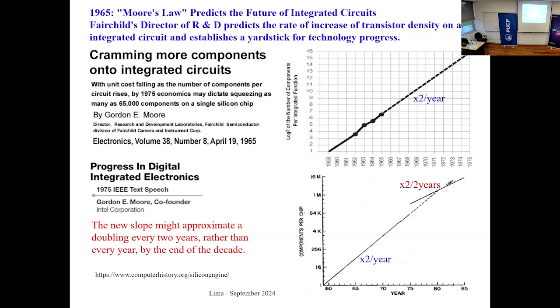But in 1975, he rephrased and said that every 2 years, the components in an integrated circuit will double. This is a very huge increase by an exponential law. If you have 60 years, 2 to the 30, it's really a huge evolution.